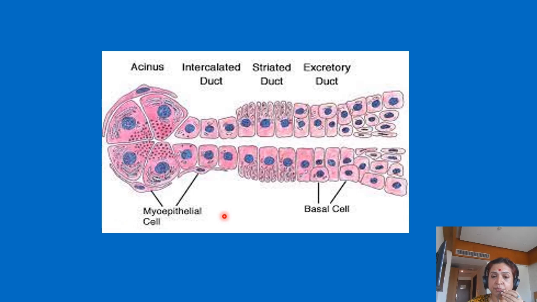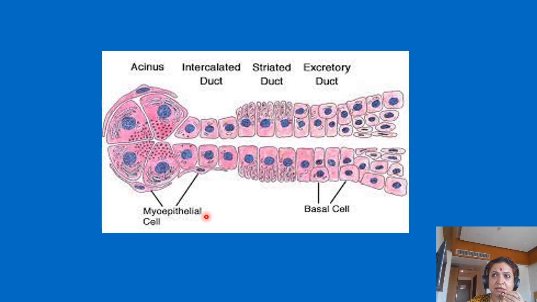So when you put an immuno for highlighting the myoepithelial or basal or the abluminal cells, you have to choose a panel which includes SMA, P63, S100, because a basal cell may not be positive for SMA, whereas a myoepithelial cell will be positive for SMA.